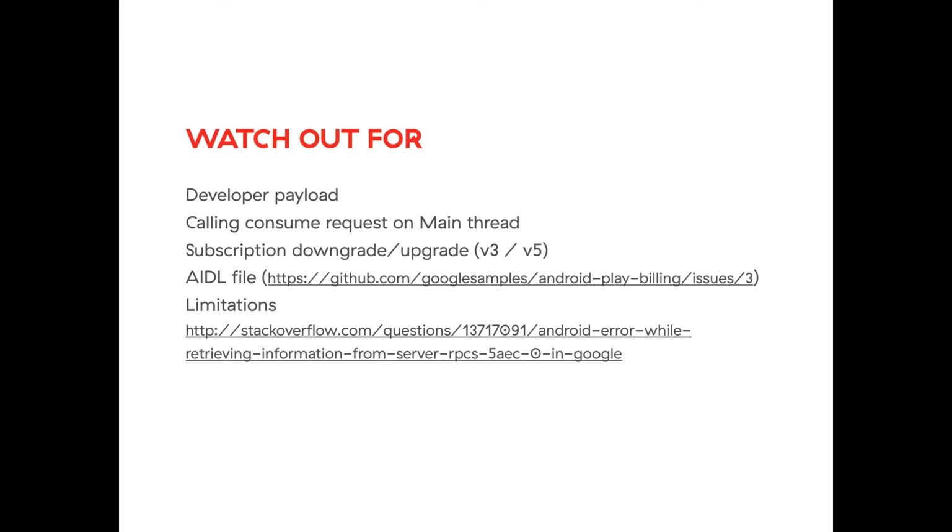And also you can see that nowhere do I use version 4, because nowhere in the documentation is it stated that version 4 exists. Only in the version notes can you see some changes that were made. But they state that you should use version 3 because it's the official version. And if you need subscription downgrade or upgrade, you will use version 5.